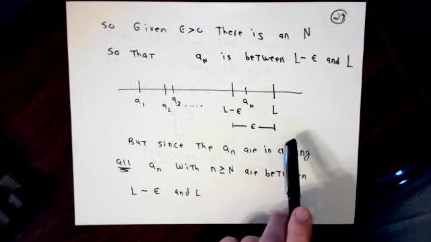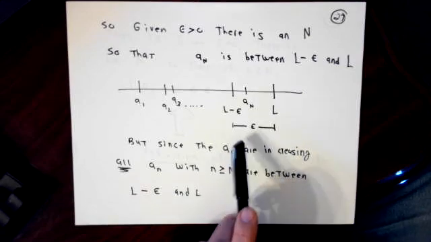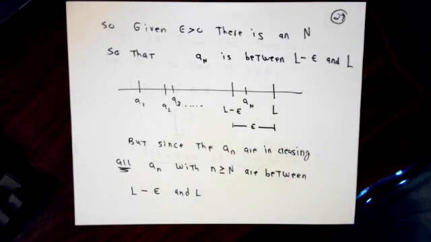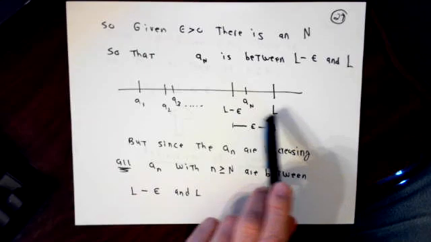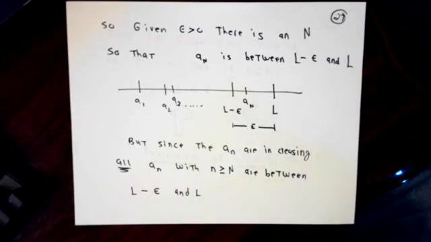The distance between L and L minus epsilon is epsilon. So there is at least one of the a numbers that is within epsilon distance of L.